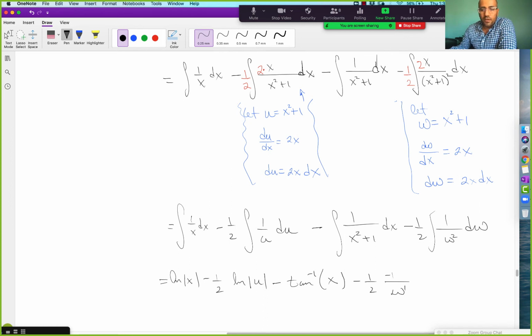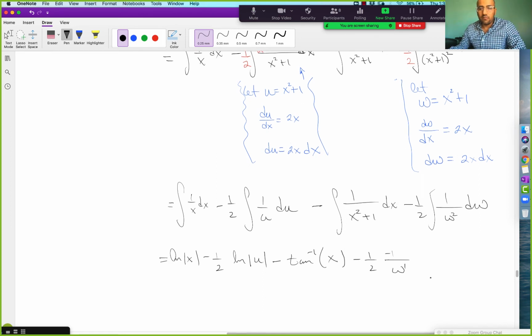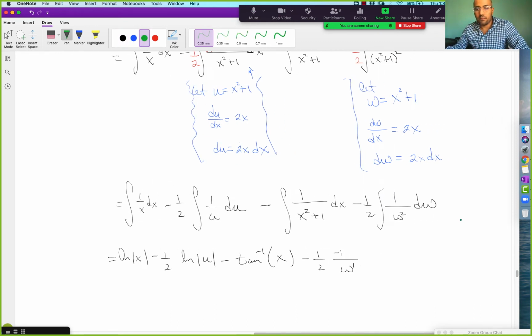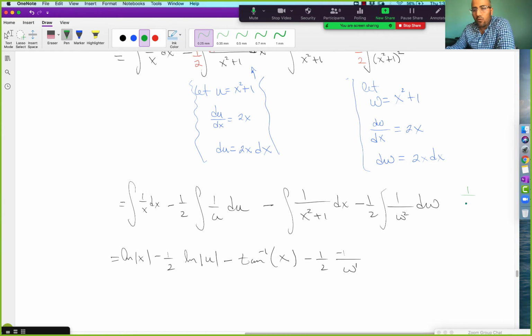Questions? Remember, guess and check it if you get confused. Another way to think of 1 over w squared is to think of it as w to the negative 2 power, right? So what function out there will give me a derivative equal to w to the negative 2? Well, that would be w to the negative 1.